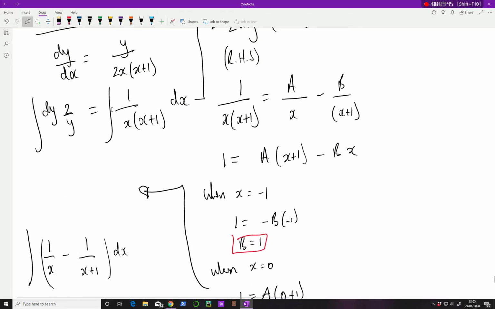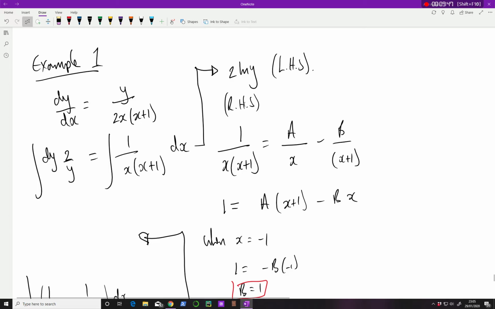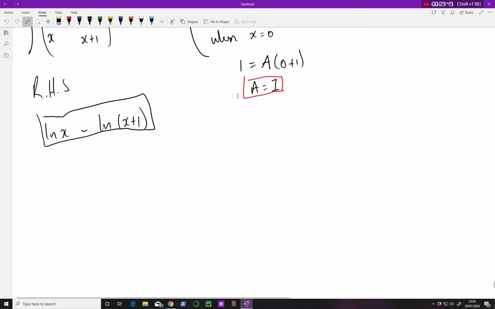So therefore, our total integral is going to be 2 ln y. So therefore, 2 ln y equals ln x minus ln x plus 1 plus some integration constant c.